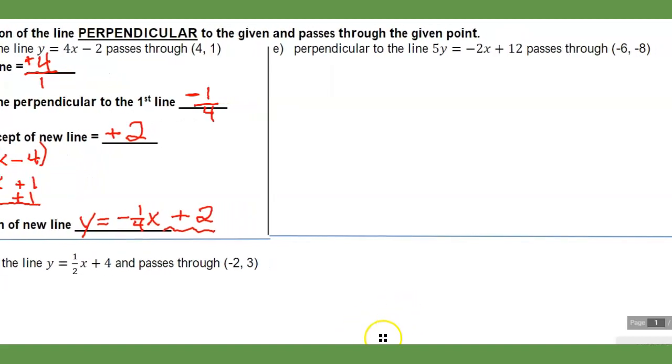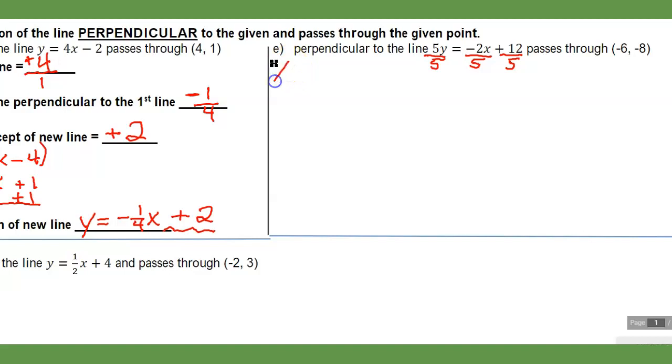All right. Now here, just like above, the slope is not given, right? Because we don't have y equals, so that's the first step. Get y equals, divide by whatever is in front of y, the coefficient of y.